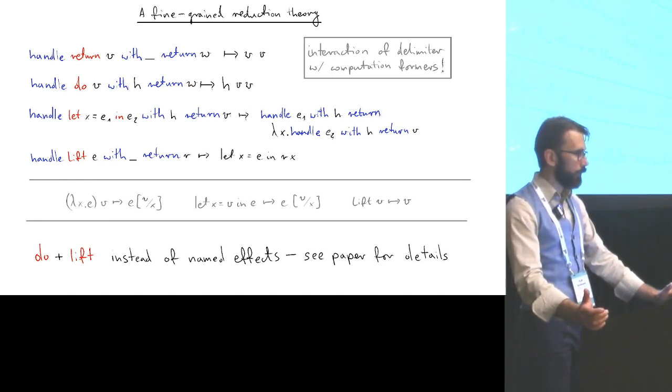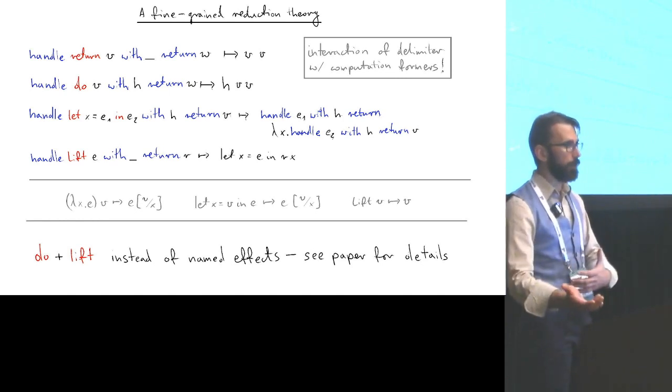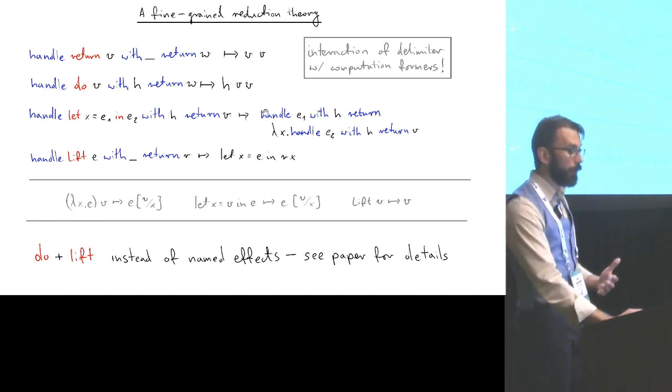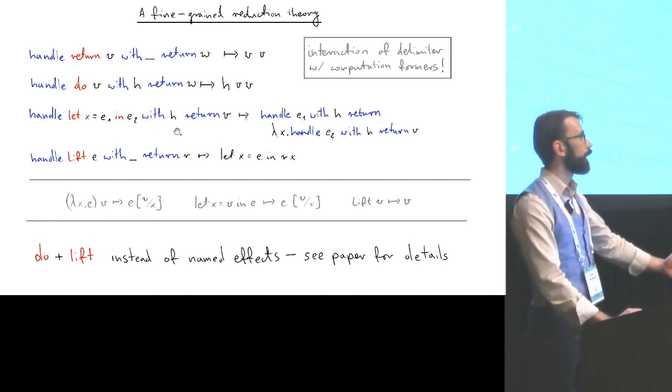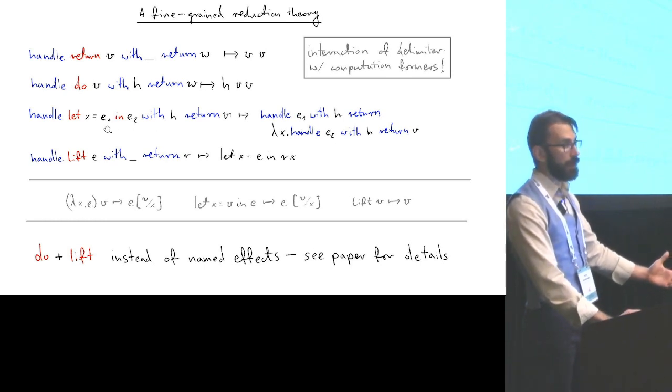it seems much more difficult to determine how shallow handlers would behave, because in shallow handlers the idea would be that the handler H should handle the first operation encountered. And at this point, we don't know whether it's in E1 or E2, right?